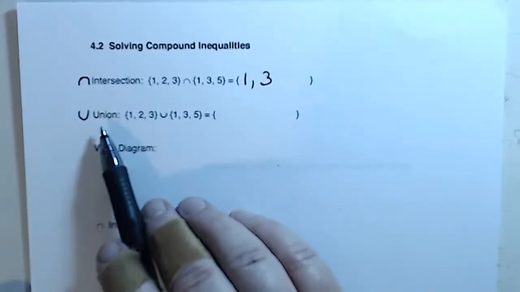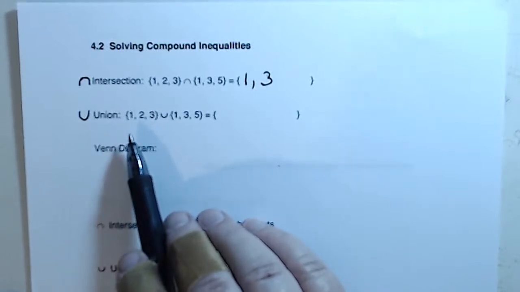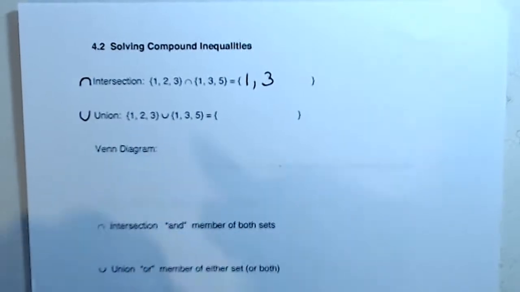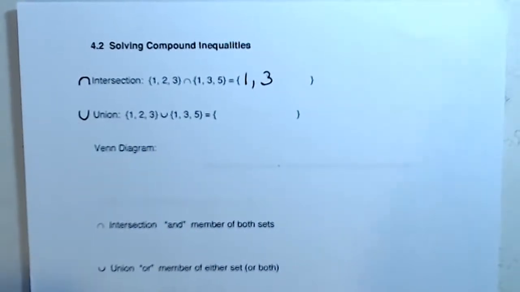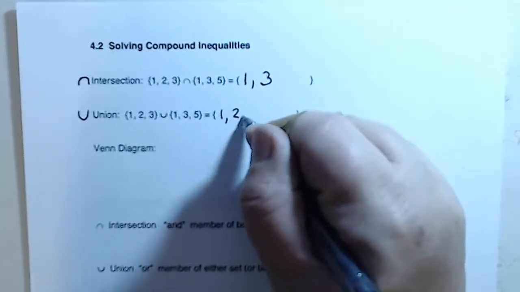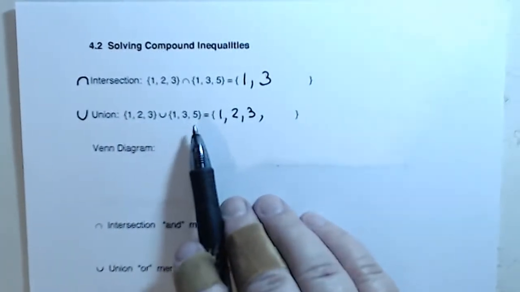On the other hand, the union of two sets is just like a union in English. It's bring everybody together. Everybody gets to come. So that means that we include all the elements from the first set, 1, 2, 3, plus any extra elements from the second set.